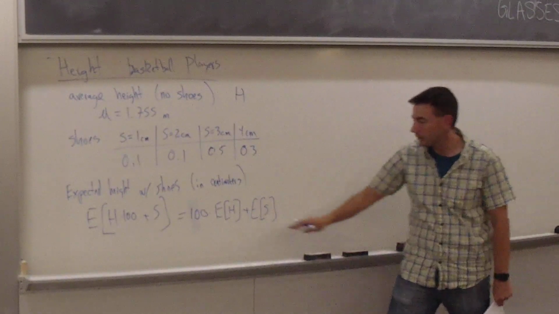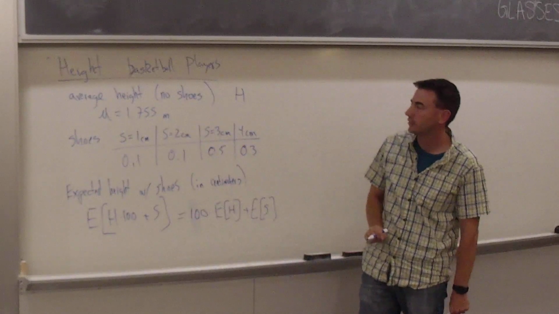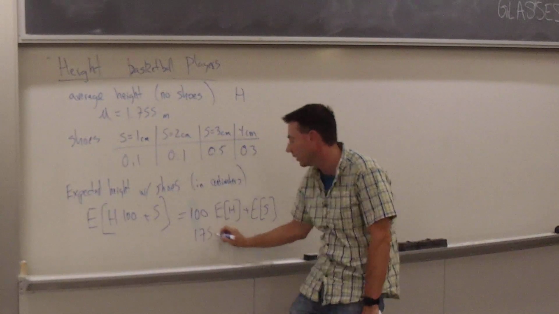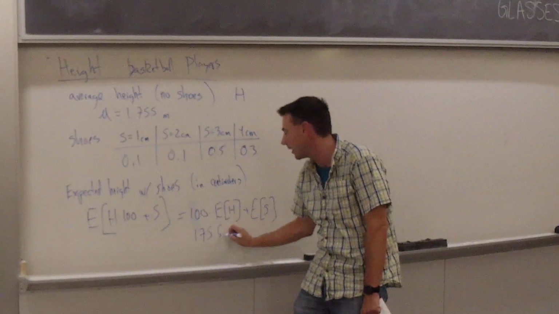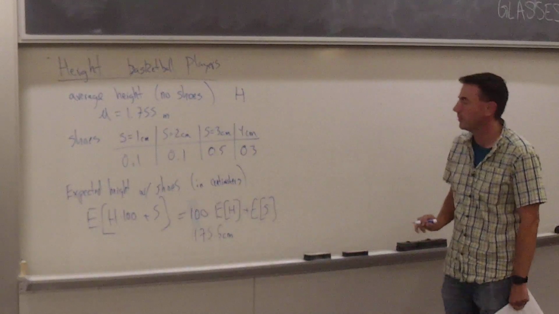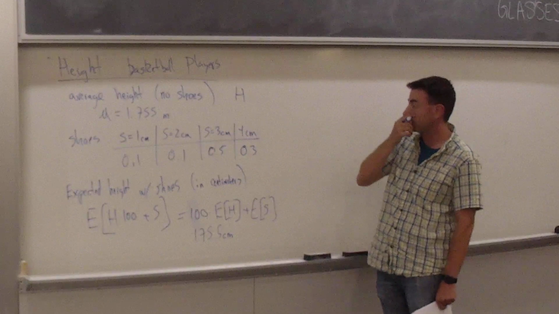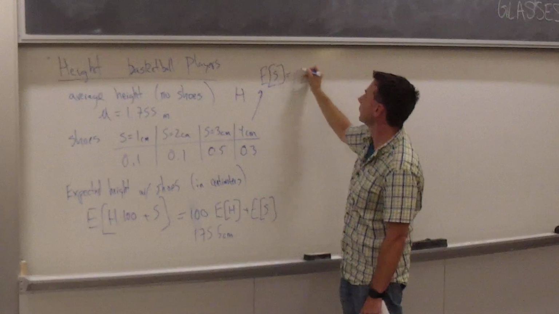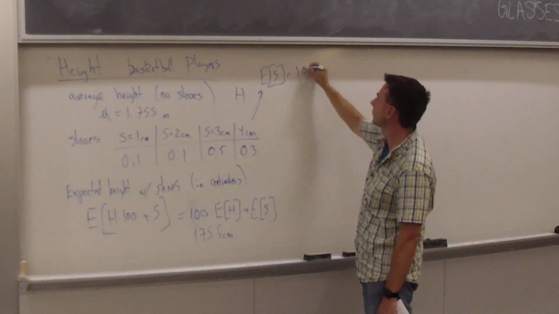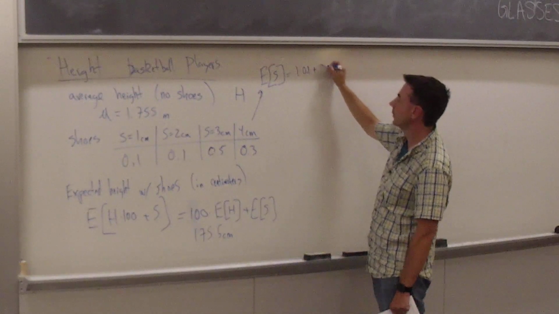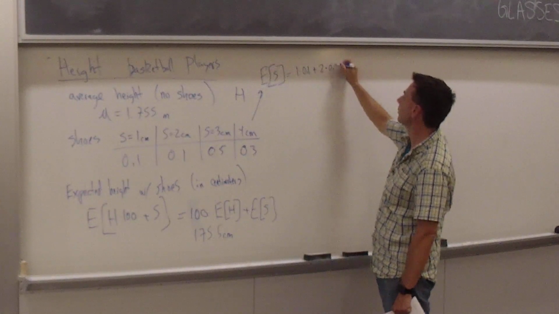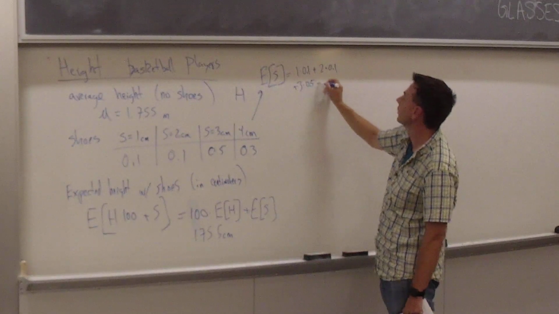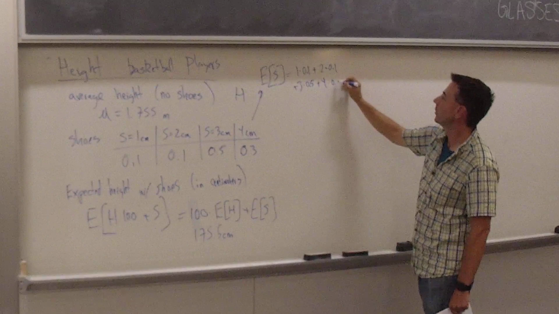This one I know is exactly 1.755 meters, so this is 175.5 centimeters. And then for the shoes, I can write the expected value here. The expected value of S is going to be 1 times 0.1 plus 2 times 0.1 plus 3 times 0.5 plus 4 times 0.3.